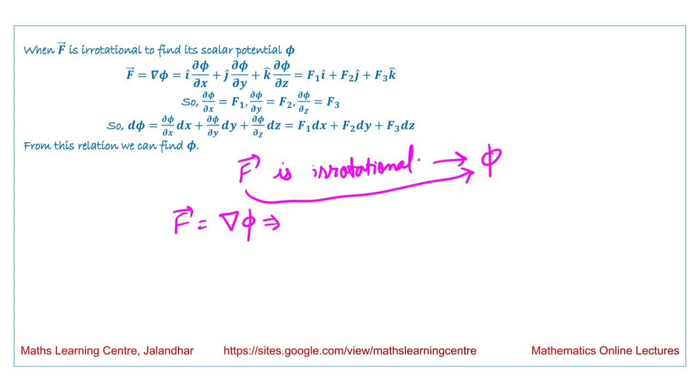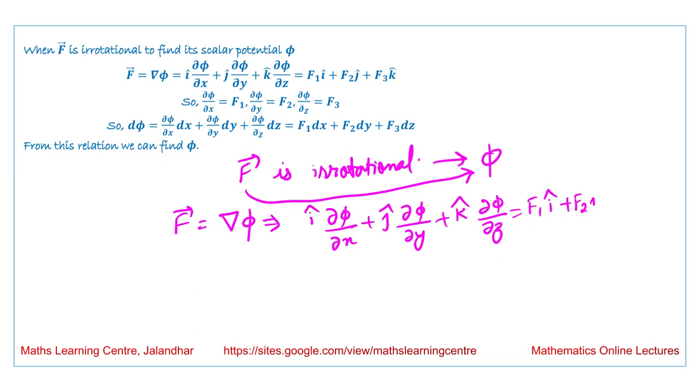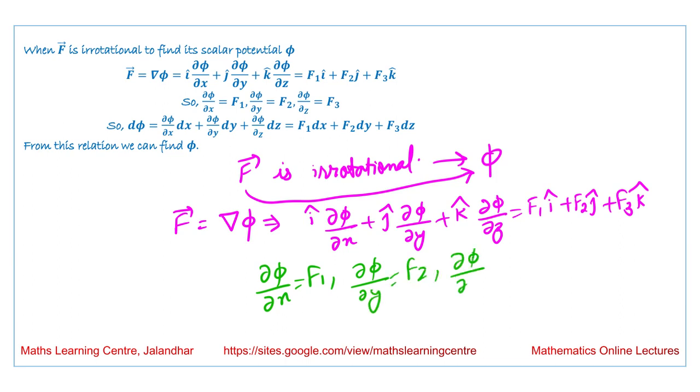This implies i cap curly phi by curly x plus j cap curly phi by curly y plus k cap curly phi by curly z is equal to f1 i cap plus f2 j cap plus f3 k cap. By comparing the coefficients, curly phi by curly x is equal to f1, curly phi by curly y is equal to f2, and curly phi by curly z is equal to f3.